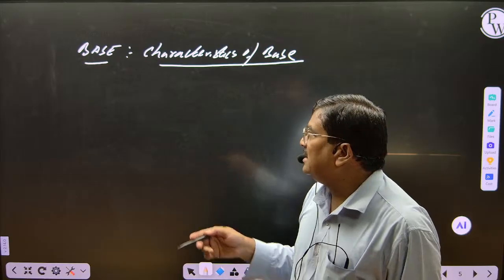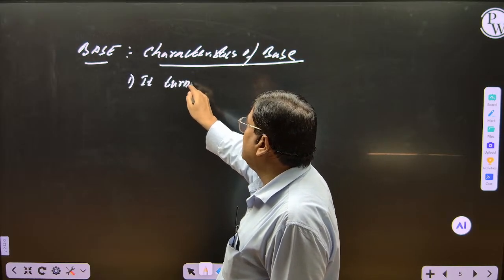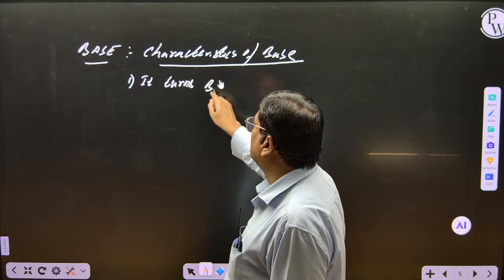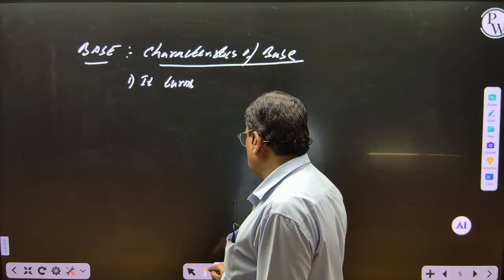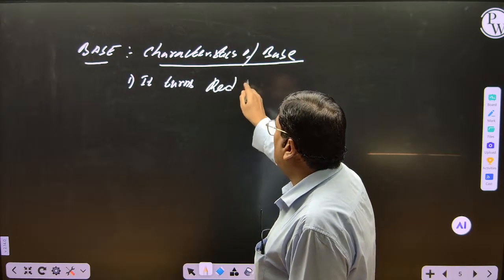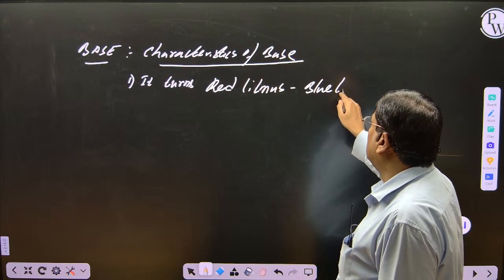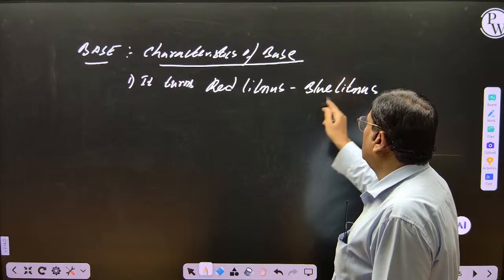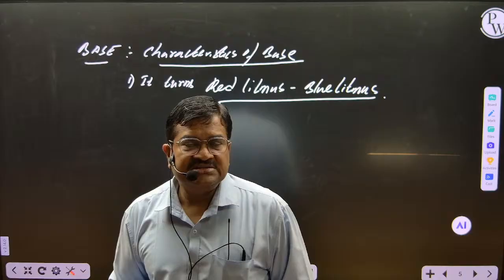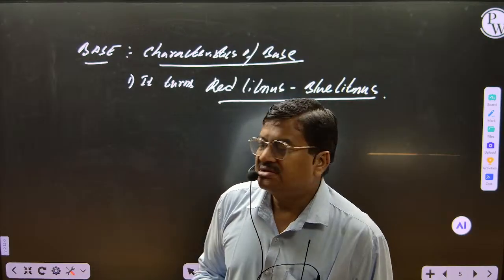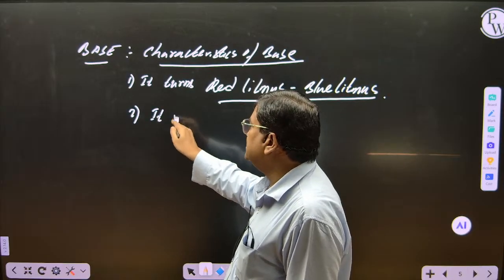So it turns red litmus paper to blue litmus. And the taste of dilute base is bitter, whereas acid will be sour to taste. Base is bitter to taste.